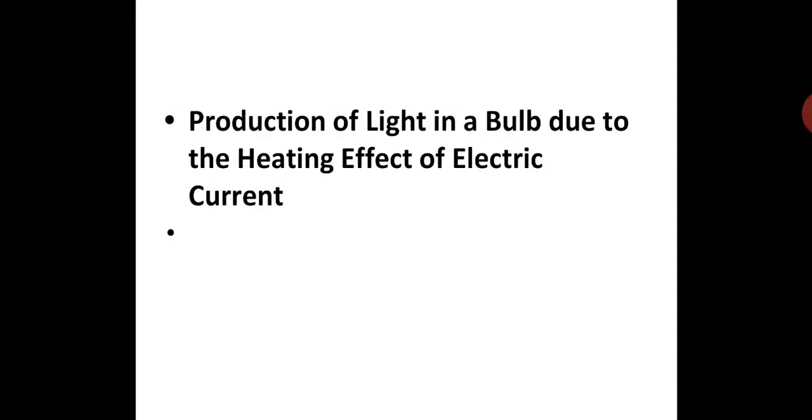That's why we made a more sophisticated type of bulb which gives a colder light, that means it will not give you too much of a heating effect. But let us see now how light is produced in a bulb due to the heating effect of electric current.